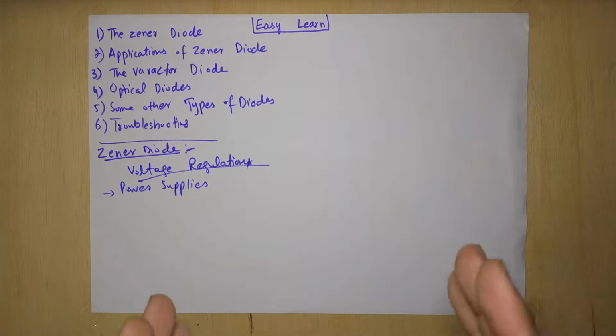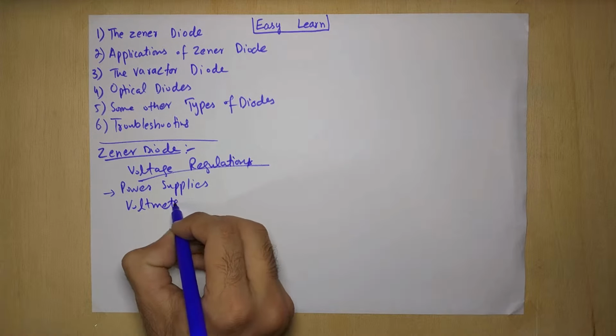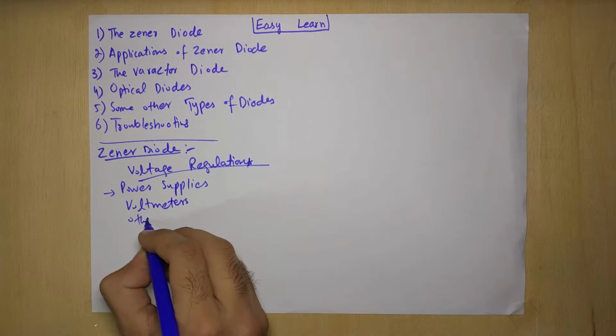Or you can say that when a small amount of voltage regulation is required, for example in lower cases, maybe for 50 volts or below 50 volts, or better, below 10 volts regulation, and it depends upon the current as well. We will discuss other aspects and other functions of this Zener diode later on, but right now it can be used in the power supply, voltmeters and other instruments as well.